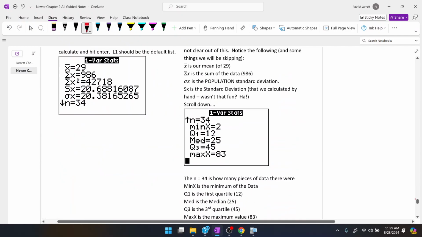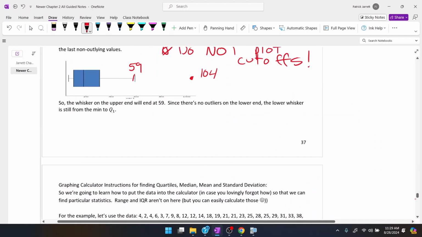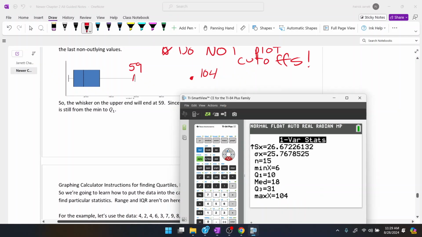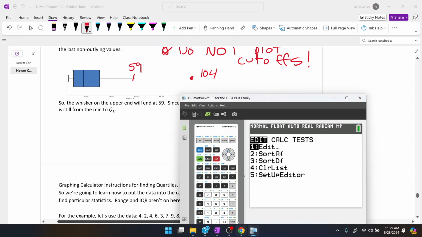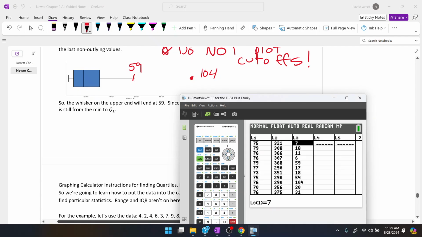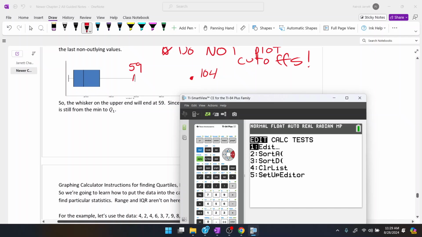Now, before we move on from this example, here's what I want to do. I'm going to put this back, but I'm going to remove this 104. Well, actually, first thing I'm going to do is a 1var stat on list number 3 once more.